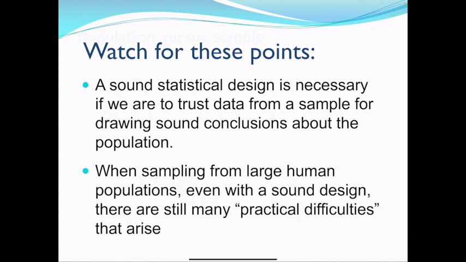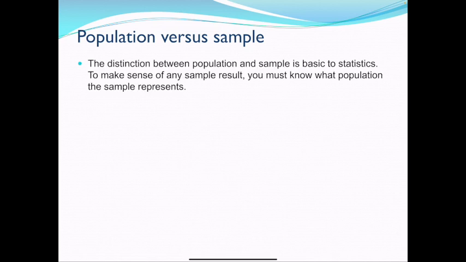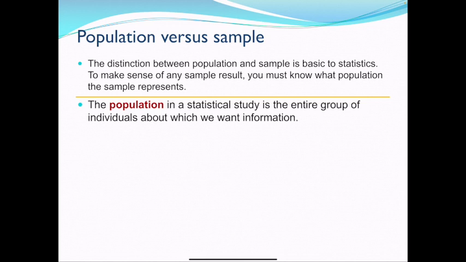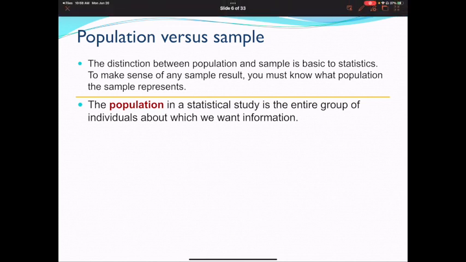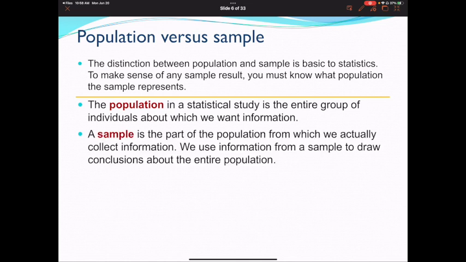We need to distinguish between a population and a sample. To make sense of any sample result, we need to know what population the sample represents. The population in a statistical study is the entire group of individuals that we want information about. A sample is a part of the population from which we actually collect information.